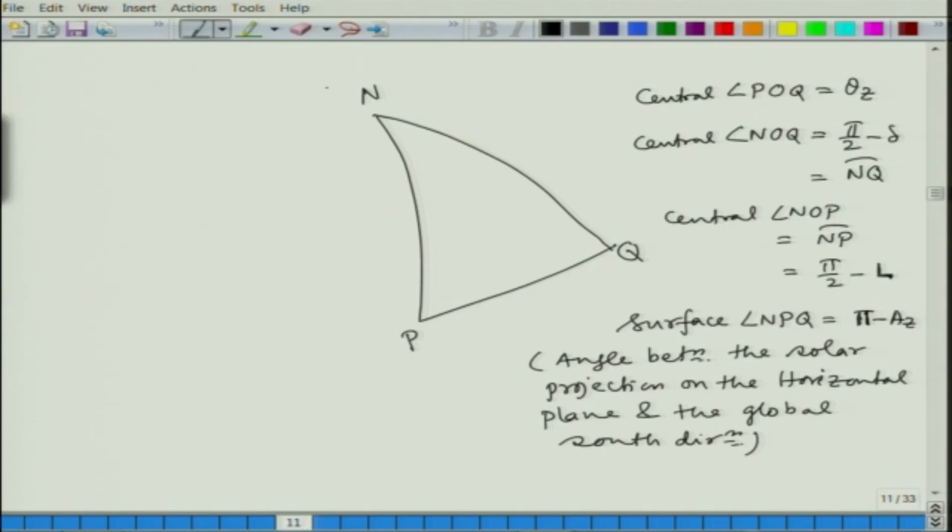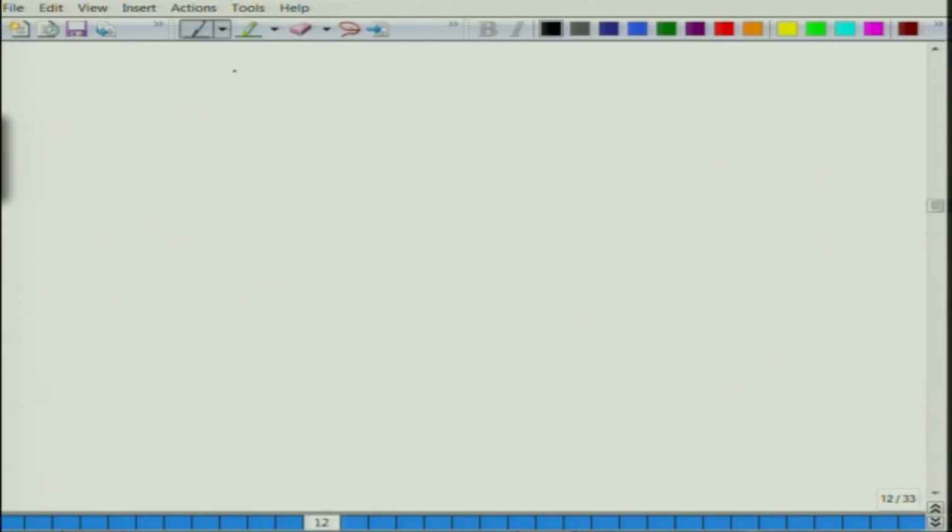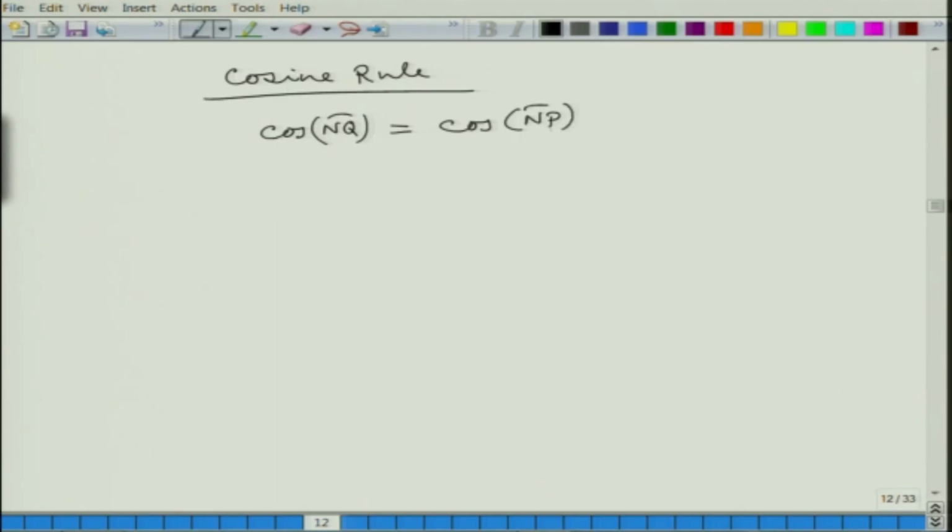Okay. Now, let us apply the cosine rule. If we apply the cosine rule, then this particular surface angle, central angle, will be cos of NP cos of PQ.